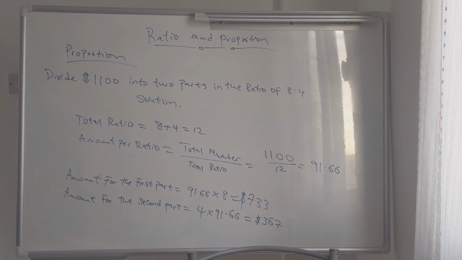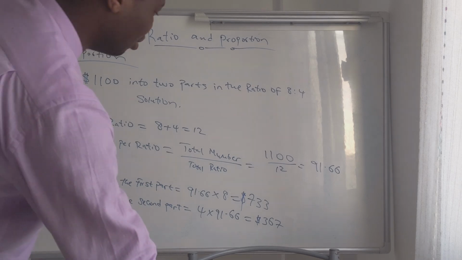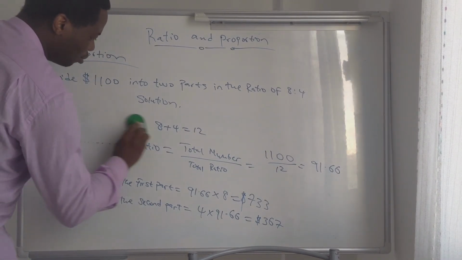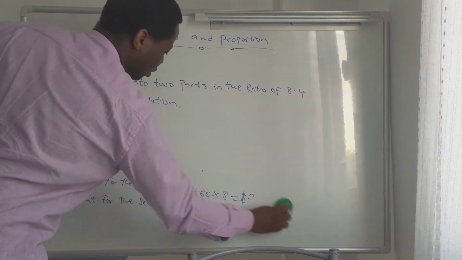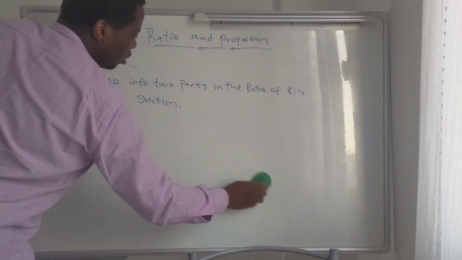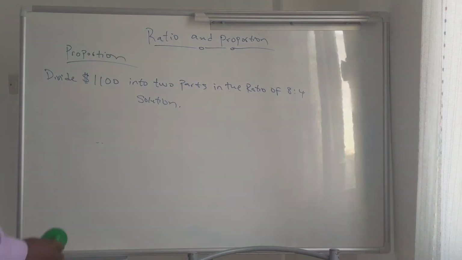After this, I'm going to show you the second method that we can use. This is a straightforward method that we can use to arrive at the same answer as well. I hope we all understand this. Let's now move to the second method. With this one, we can go straight to the solution.